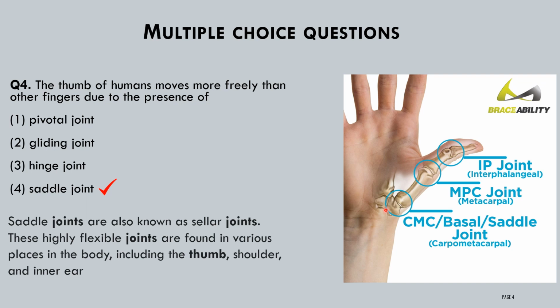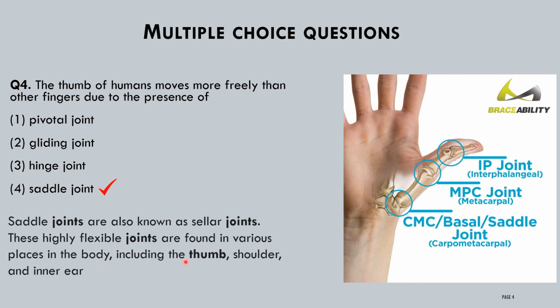It is responsible for free movement of the thumb. You can move the thumb front, back, left, right. You can even move it in a circular form. Saddle joints are also known as sailor joints. These highly flexible joints are found in various places in the body, including the thumb.